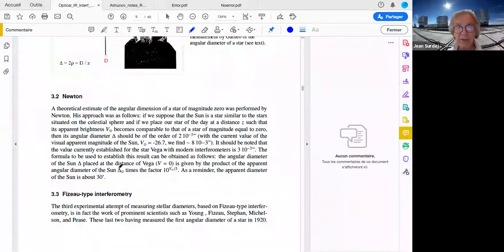Jupiter is visible at this time of the year. Probably not from India because of the monsoon season, but elsewhere. And you could try to find out to which distance you should set the two holes so that you will see the disappearance of the fringes.